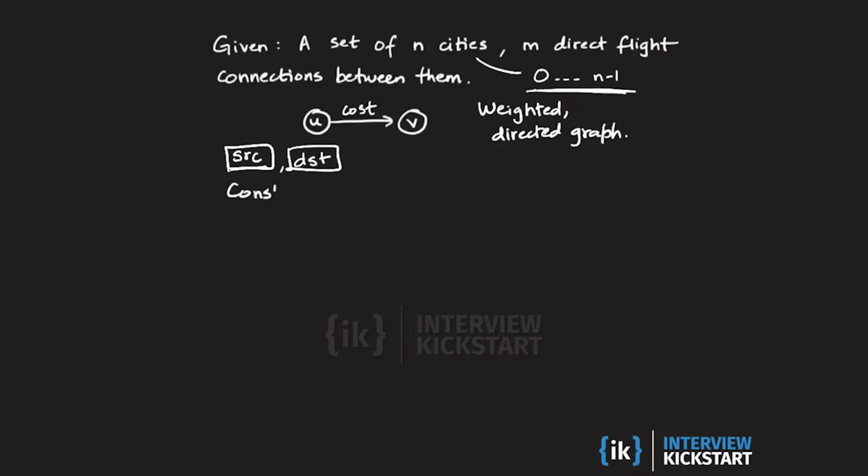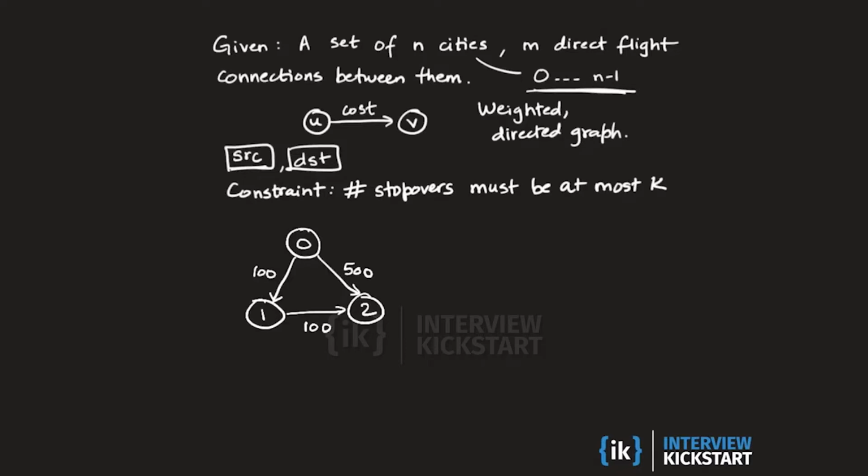The added constraint is that the number of stopovers must be at most k, where k is some whole number that could be as small as 0 or that could be as large as n minus 1. For example, if you are given this simple graph here where vertex 0 is designated as the source, vertex 2 is designated as the destination, and let's say we are given a value of k equal to 0.